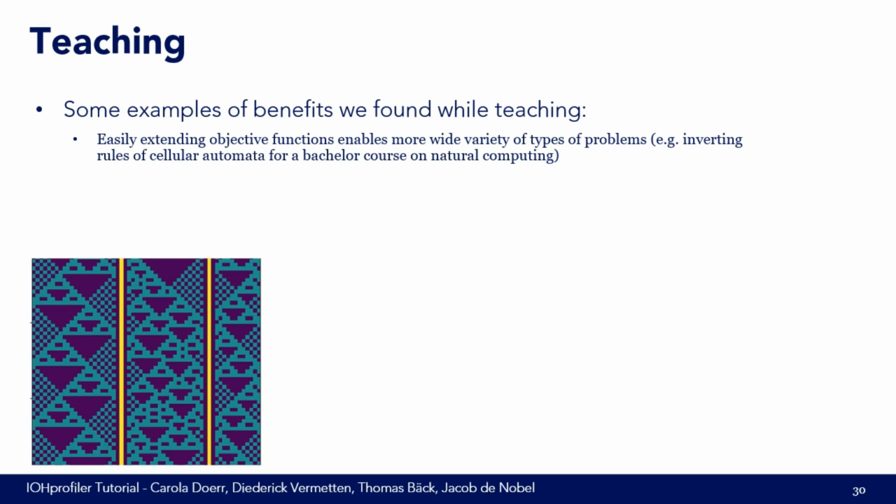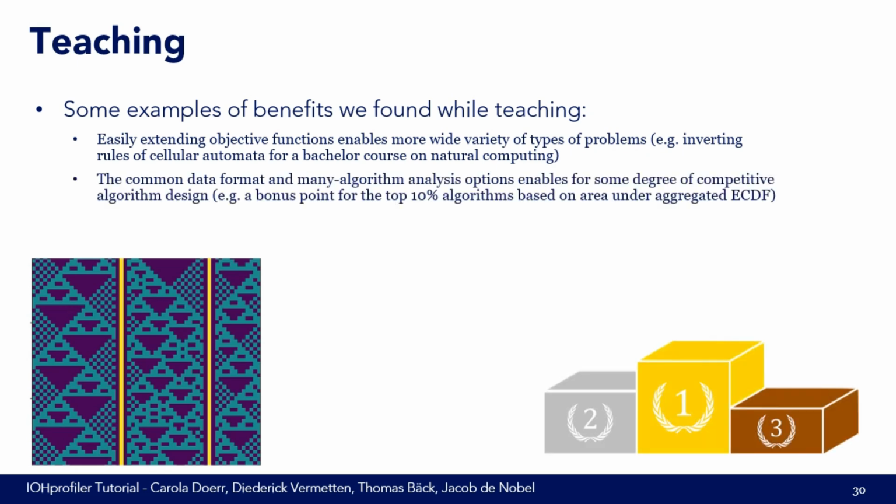And because we allow them to work within the same framework, we get data from them that's in the same specific formats that we can then load into IOH Analyzer all together, and then we can compare all of the different submissions automatically, and for example award a bonus point for top 10% algorithms based on aggregated area under a cumulative distribution or something like this. So some aggregated measure that we use to see what algorithms are actually performing the best out of the ones that the students have created.